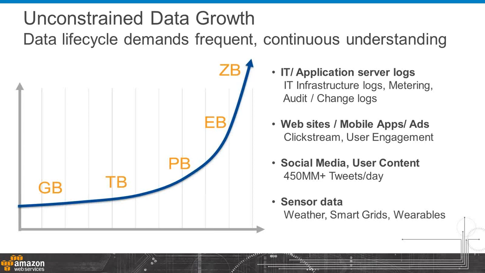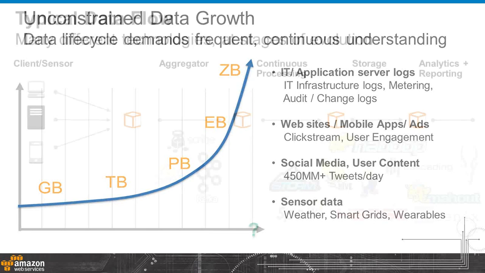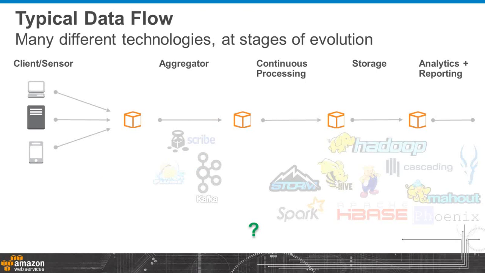In these cases, it is easier to understand why there is immediate value in capturing and analyzing that data. But the key change that is happening in the industry is one around capturing, storing, and analyzing data as quickly as it's produced. Let's look at a very typical data flow that happens in the industry.